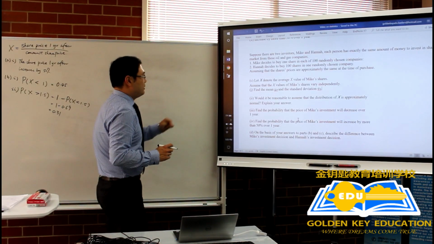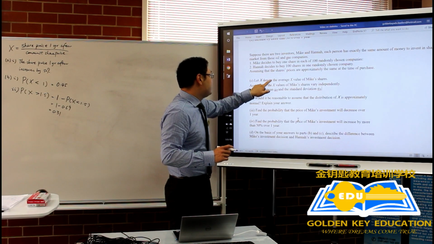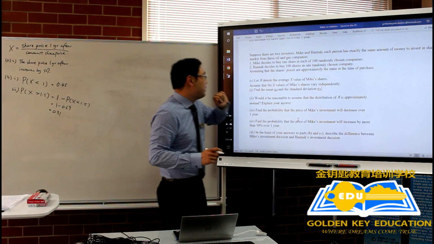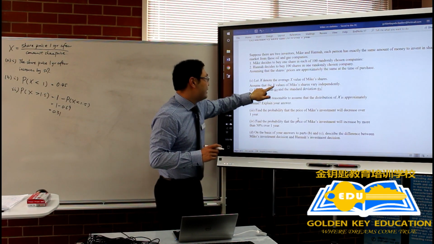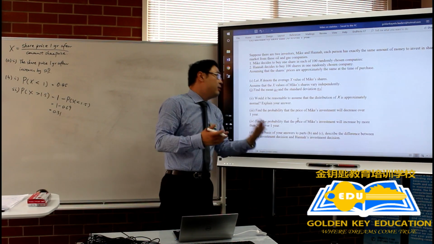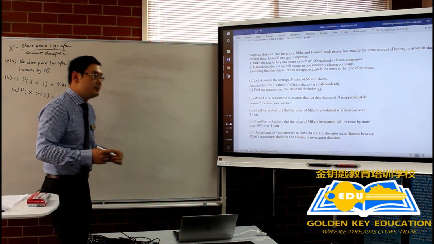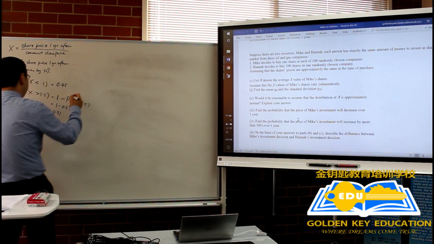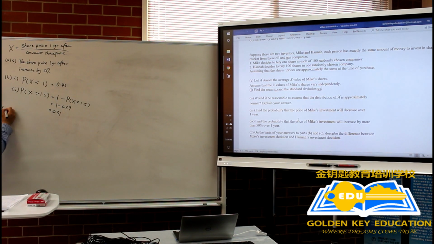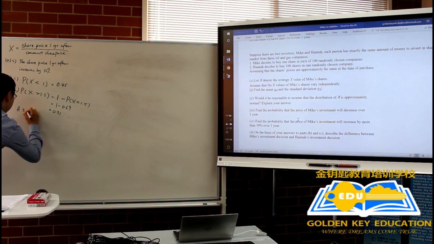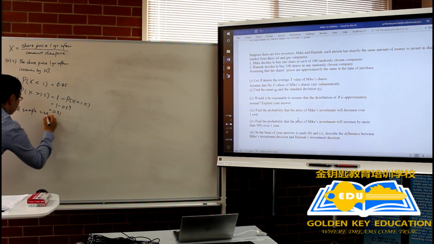Alright, so for part C, we want to let x-bar denote the average x value of Mike's shares. Assume that x values of Mike's shares vary independently. We want to find the mean and standard deviation in this case. Having said previously, we know that Mike is taking a sample size of 100.